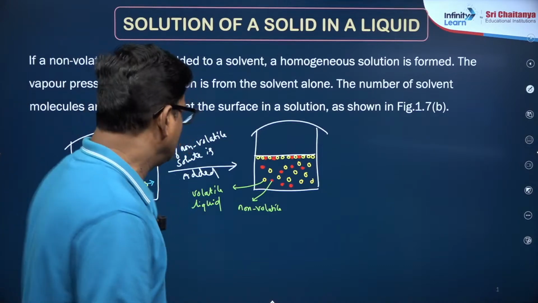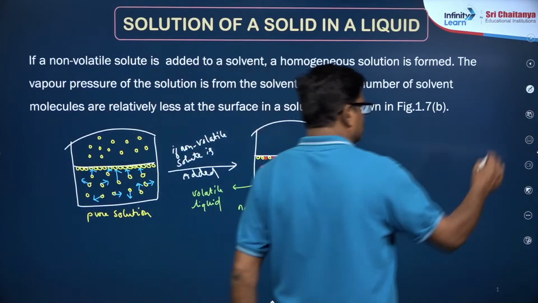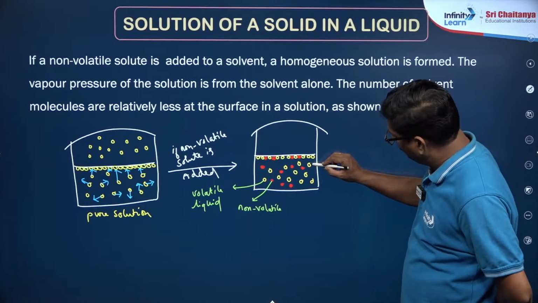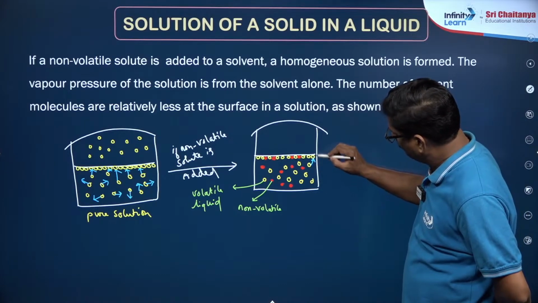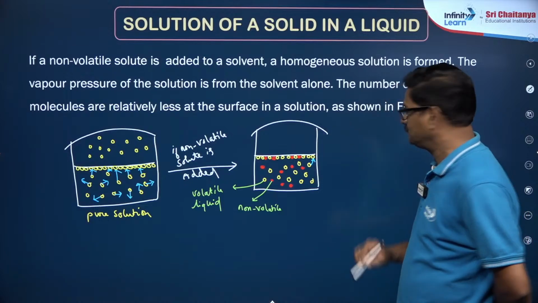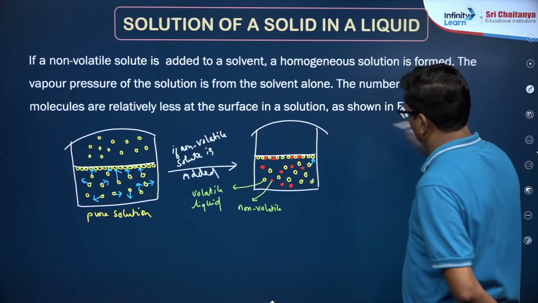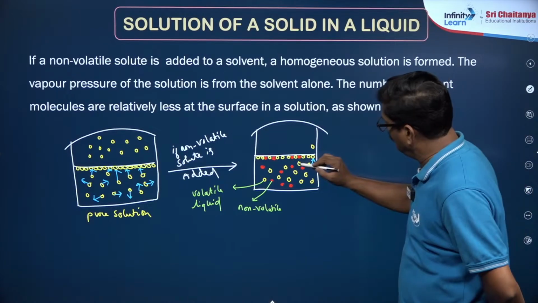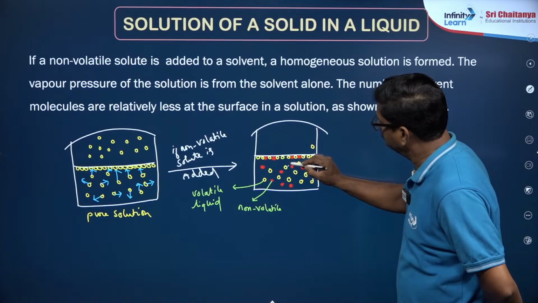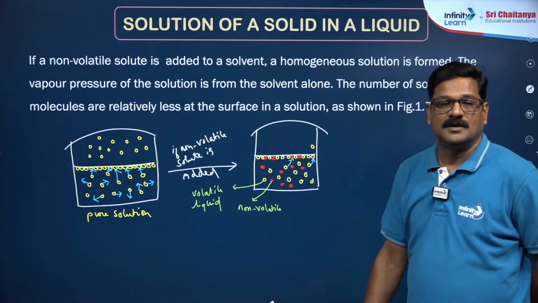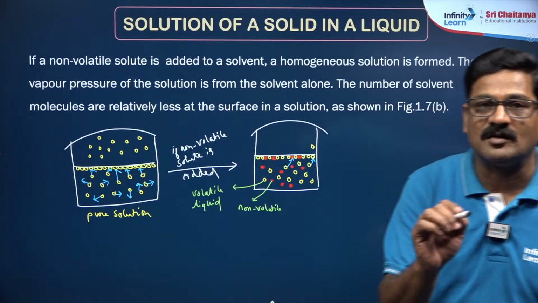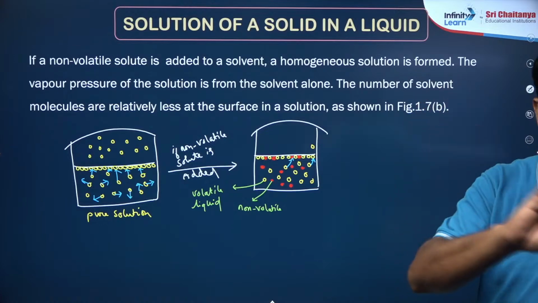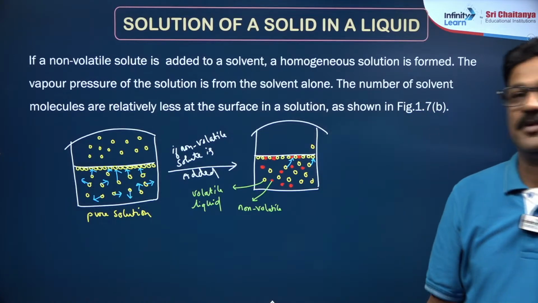Now carefully observe the trick. When this molecule makes a collision, it is evaporating. When this molecule makes a collision here, red is non-volatile, meaning it does not leave the liquid phase. So that collision does not give evaporation.